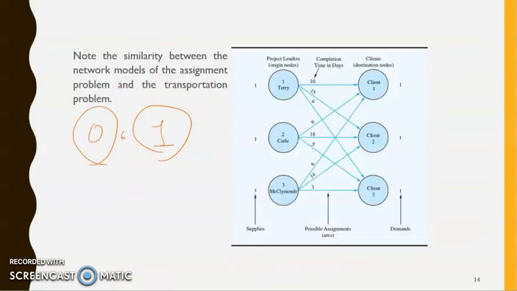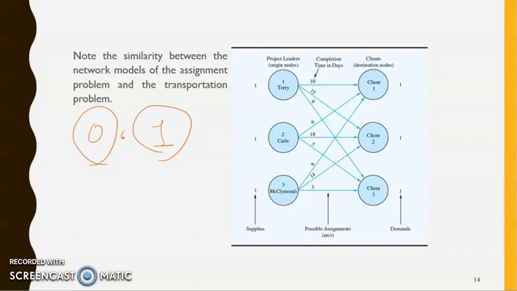When you are dealing with network models, each node that you see means a constraint. No matter if it is an origin node, destination node, or transshipment node, for each node there is a constraint.